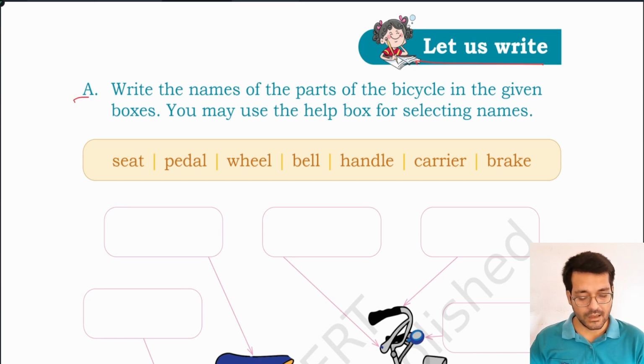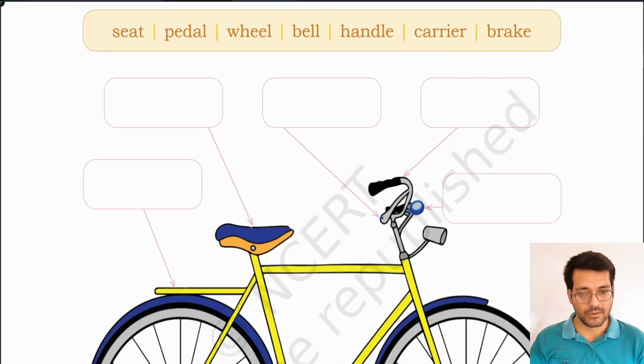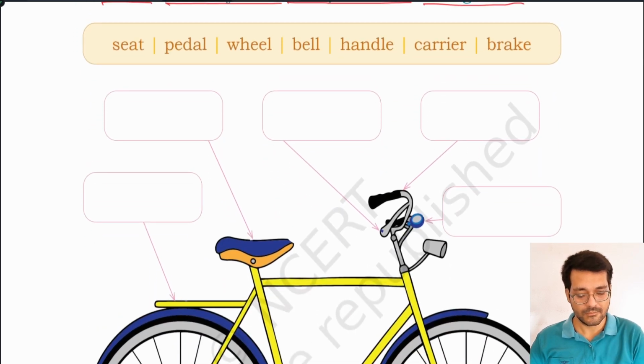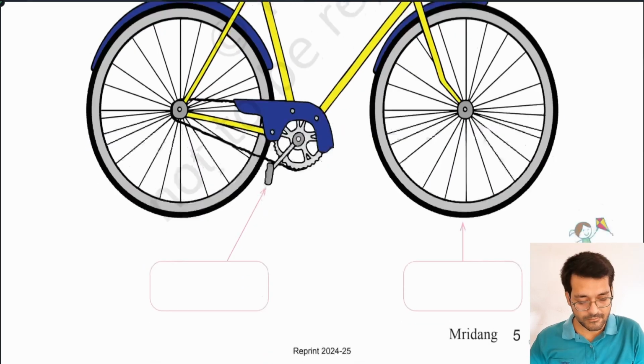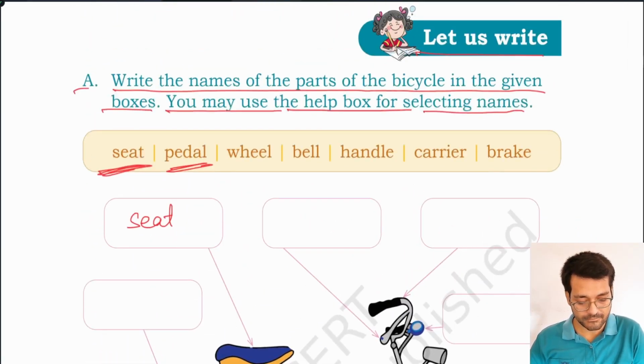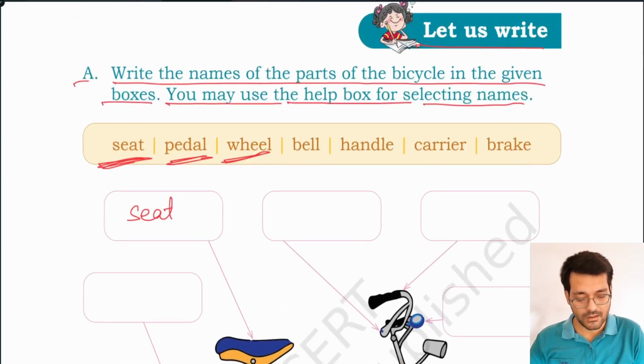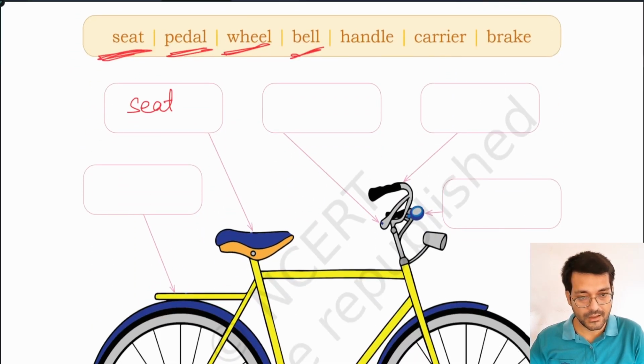Let us write. Write the names of the parts of the bicycle in the given boxes. You may use the help box for selecting names. For example, this is seat. Pedal. Here is the pedal. Then wheel, the wheels are here. Similarly, bell, you may see bell here.